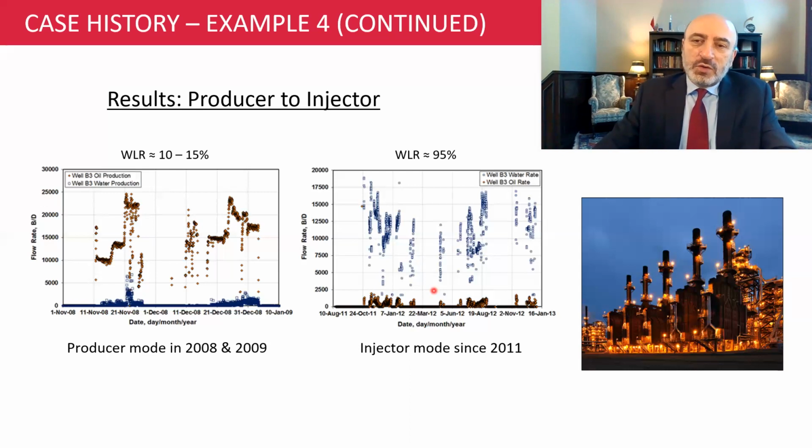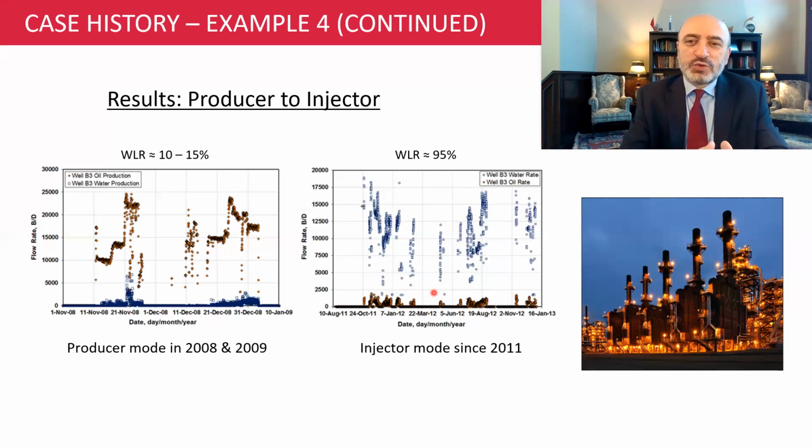So, with the incorrect properties of the injected seawater, the two-phase logic of the optical flow meter was distributing the total flow rate between the oil and water phases. But we know that this is the injector mode, and all that fluid is really water.